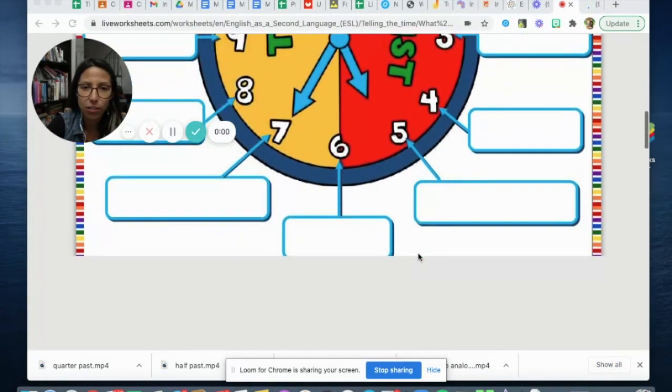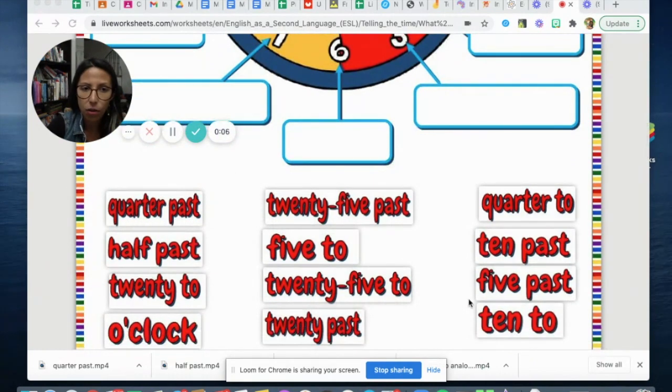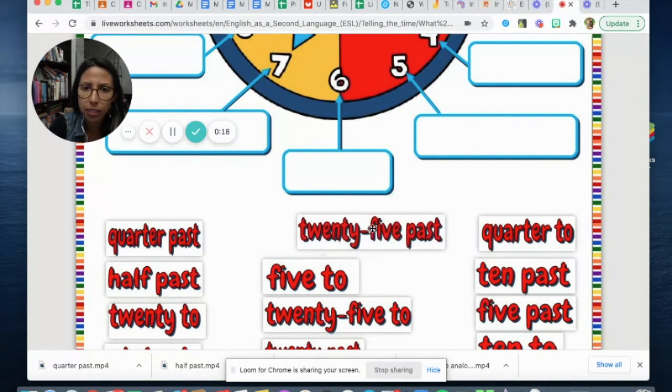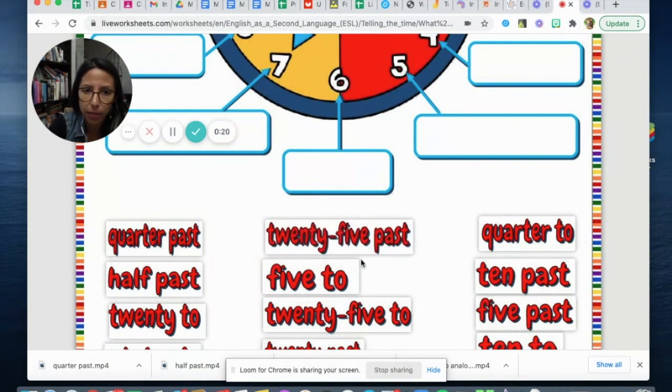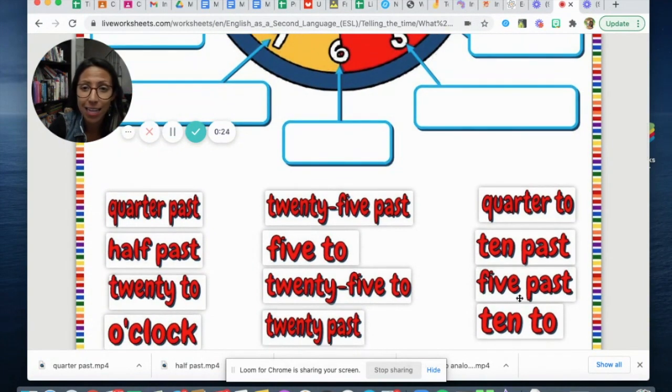So you're going to click on the link and you have all the times that I told you, counting by 5 minutes. So you have to select one of these and put it in the right place. I'm going to start with 5 past.